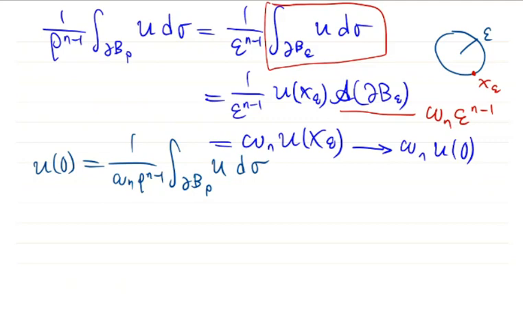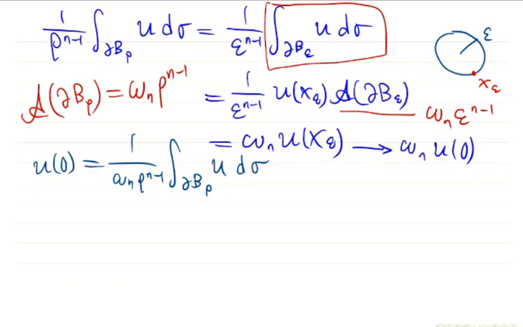This is also called the mean value property, because the area of the sphere is precisely omega_n rho^(n-1). This means that for a harmonic function u, the value of u at the center of the sphere equals the mean value of the function over the sphere.